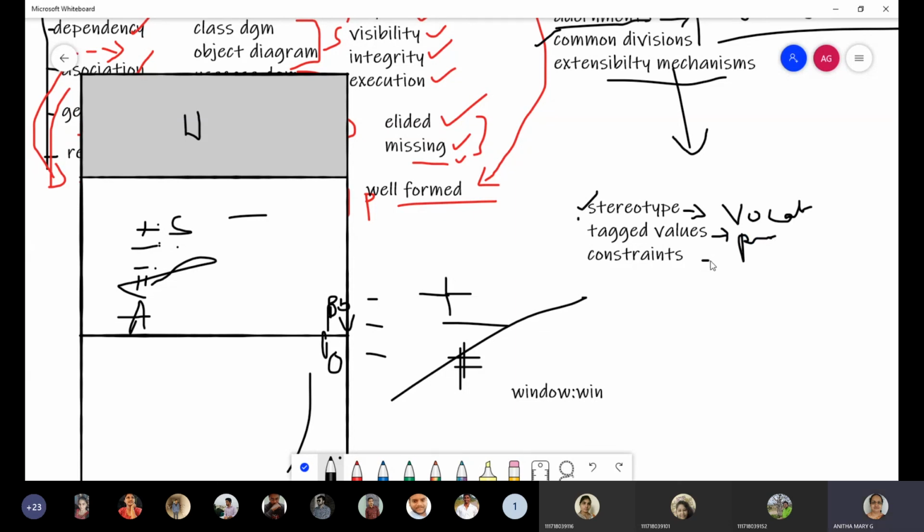And constraints is nothing but adding some rules. Add new rules. That is about the constraints.